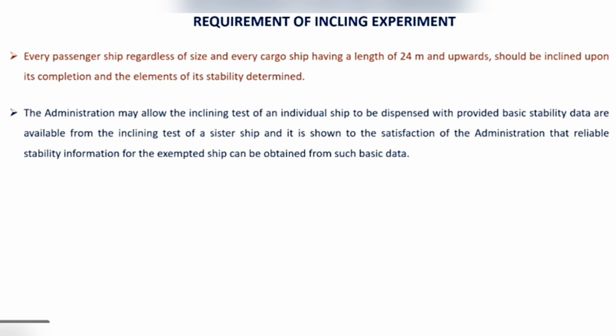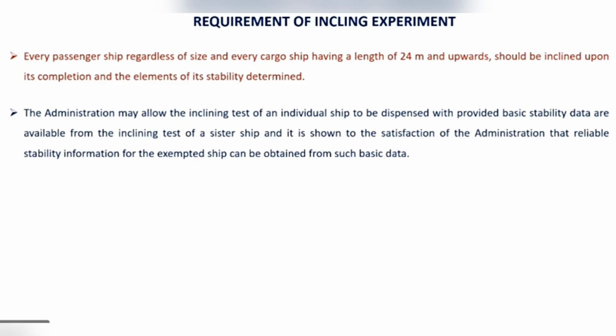Then if the administration feels appropriate, at their discretion, they may choose the inclining experiment results of the earlier ship and may exempt the newly built ship, which is a sister ship of the earlier one, from being put through an inclining experiment. But that is up to the discretion of the administration.